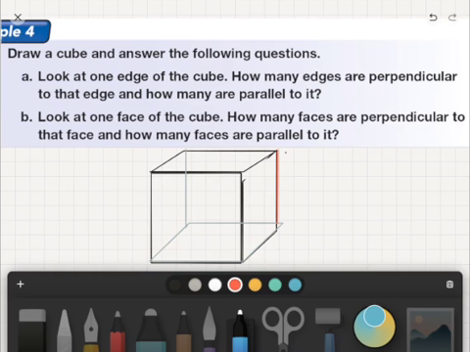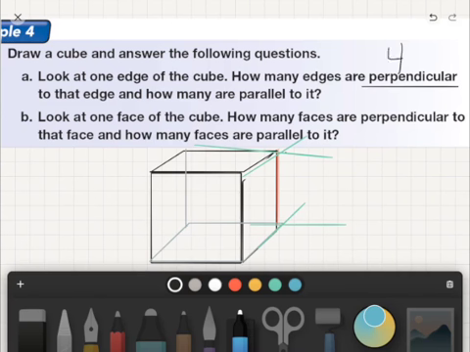Okay, so the perpendicular ones I can see are there that intersect at 1, 2, and then there's 2 at the bottom. 1, 2. Okay. So that would be perpendicular would be 4.